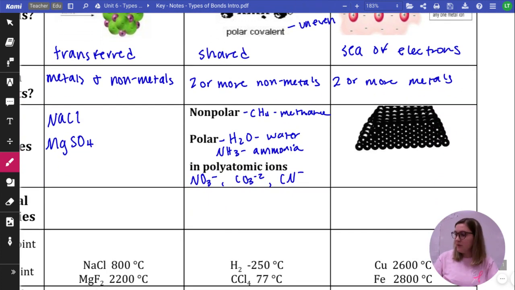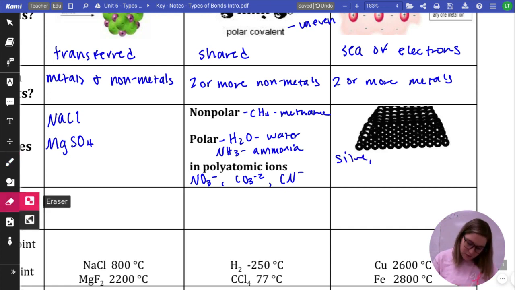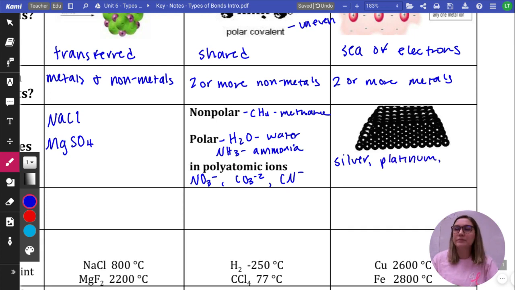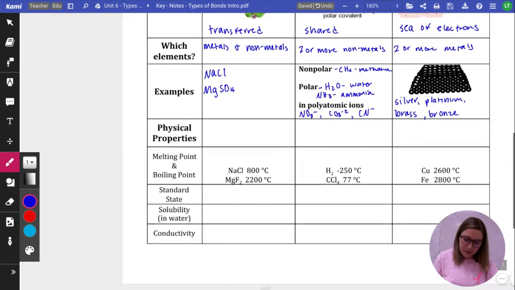Some examples of this are any kind of metal: silver, platinum, and also alloys, like brass, bronze, steel. This is the type of bonding that will occur.